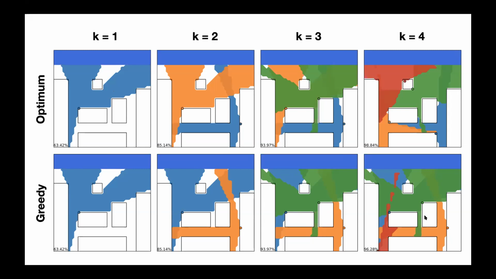Where things get interesting, and this is what Will was pointing out, is when you get to 4, you can see what's happened. We've got slightly less coverage from the greedy algorithm, and the reason is that it's placed this blue, orange, and green sensor, and because of the way the algorithm works, those are fixed. So now it's going to add one more sensor. And once those have been fixed, the best addition is this strange red cone here.